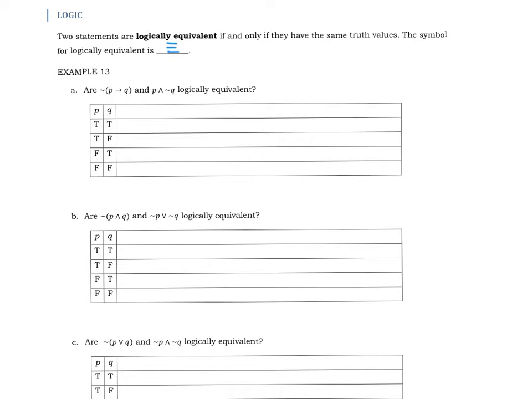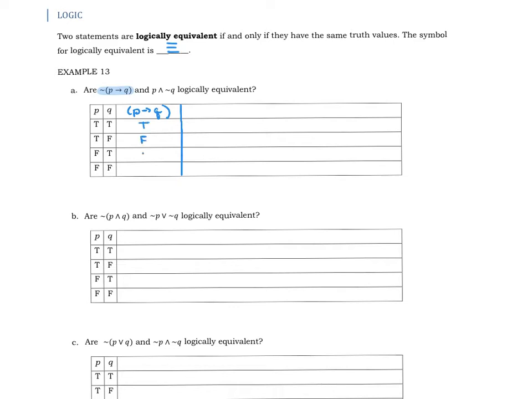Okay, so how do you decide if something is logically equivalent? Well, the first thing is you determine the truth value for each of the two statements. I'm going to look first at this statement right here, the negation of if P then Q. So what we would need to do first is evaluate the truth of if P then Q. Again, the only time that's false is if P is true and Q is false.